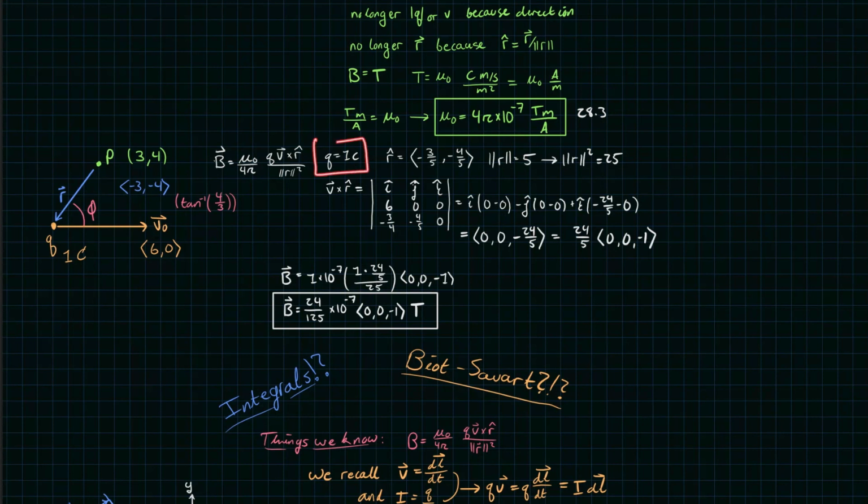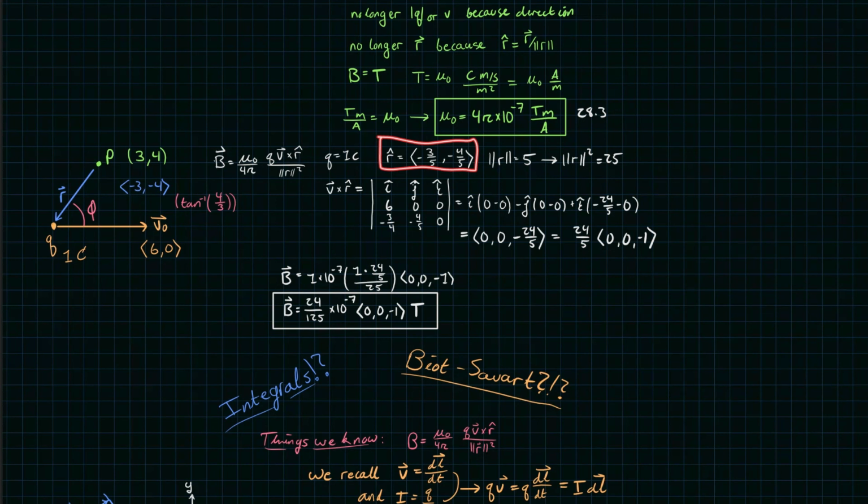We know, because it's given, that our charge is equal to 1 coulomb. We know, because it's given, that R is equal to -3, -4. If we take the square root of the sum of squares of the components of our vector, and then divide the components by that, we'll get R hat, the normalized vector.